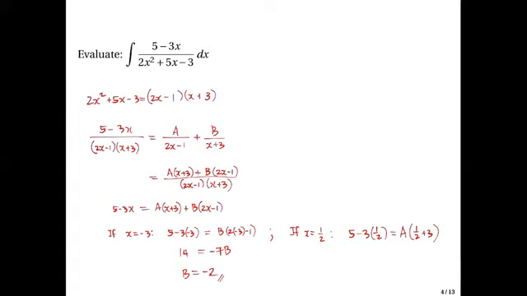So in here, you have 5 minus 3/2. This is equal to, in here you have 1/2 plus 3/2. So that will be 7/2. And then in here, this is actually 7/2, which means that A equals 1.